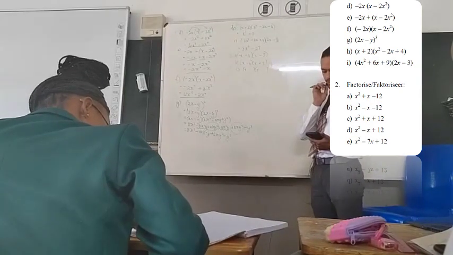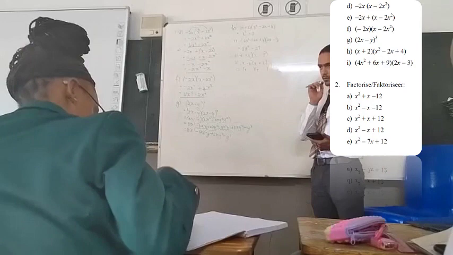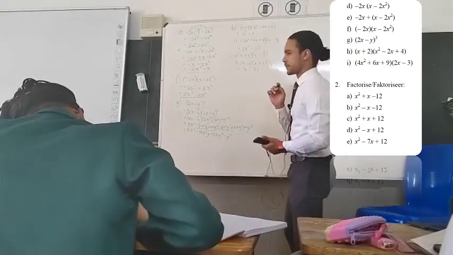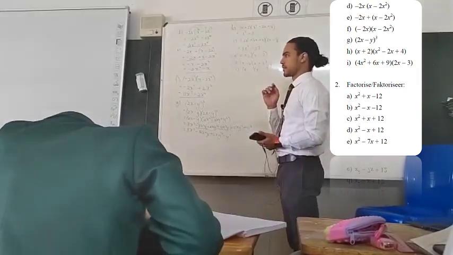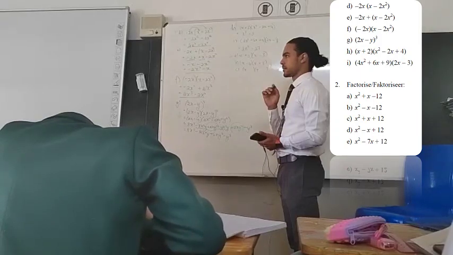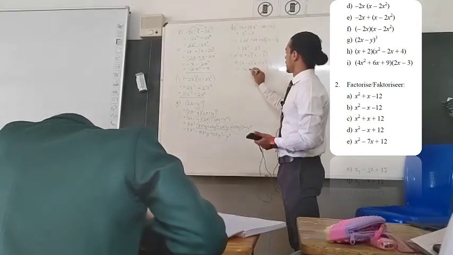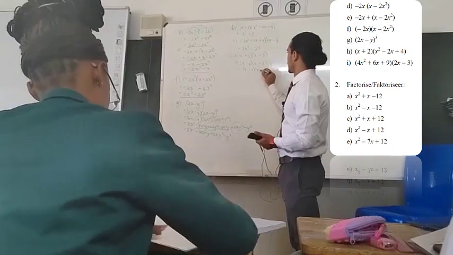X plus 3. X plus 1 gives you x squared plus 7x. What did you say? X plus 3. X plus 4. X plus 4.